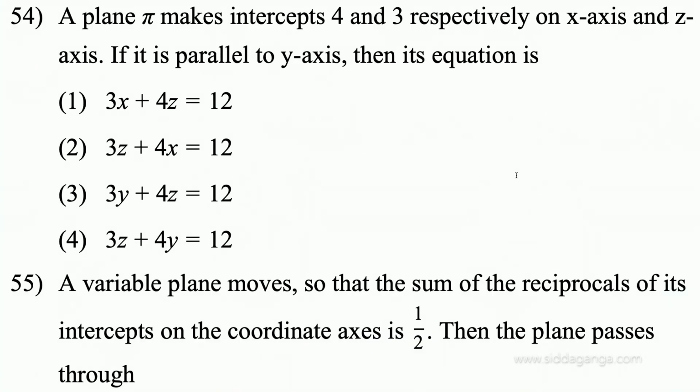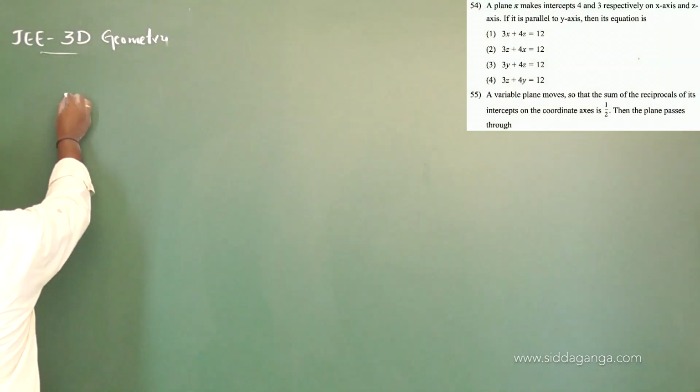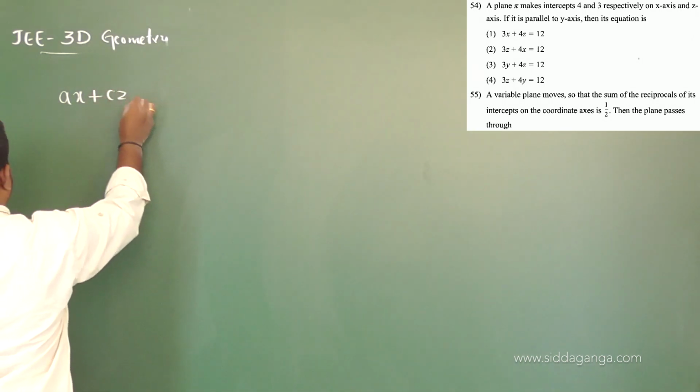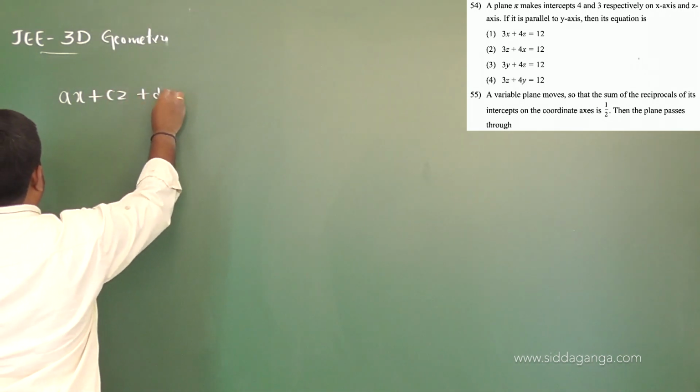Okay, students, let me move. So question number 54, right? A plane pi makes intercepts 4 and 3 respectively on x and z axis. If it is parallel to y axis, then its equation is, yes, any plane parallel to y axis is of the form cz plus d equal to 0, right?